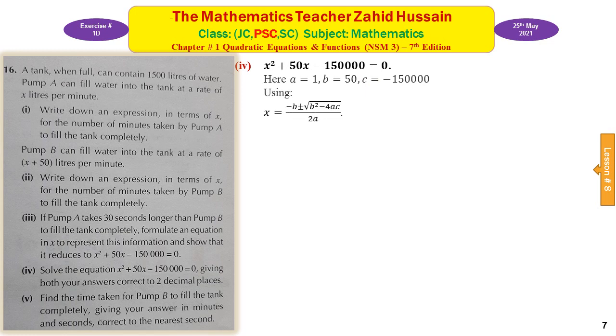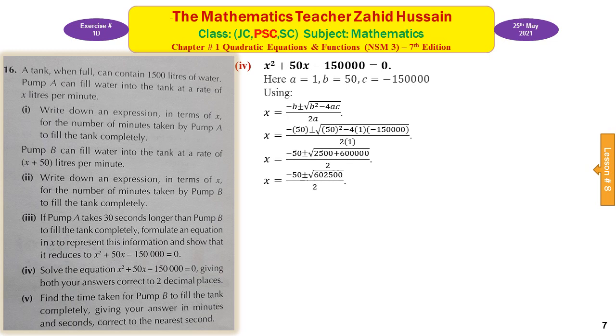Use the formula which is x is equal to minus b plus or minus square root of b squared minus 4ac over 2a. Put the values of a, b, c in this formula. Use a calculator to simplify and get two values of x.